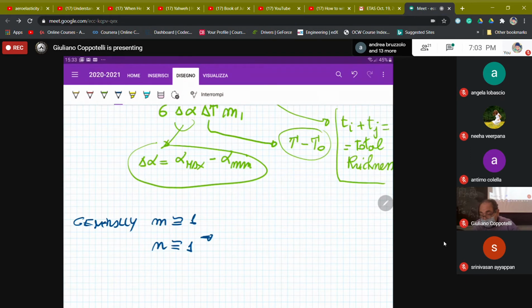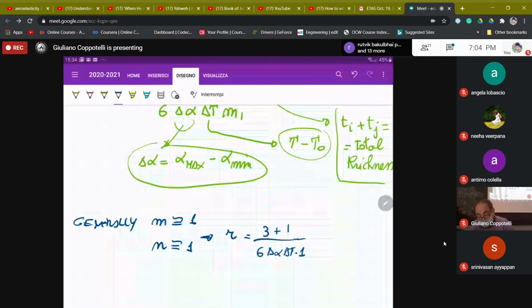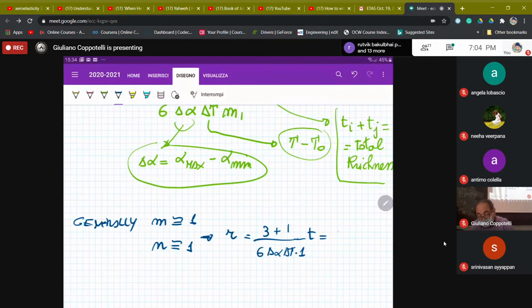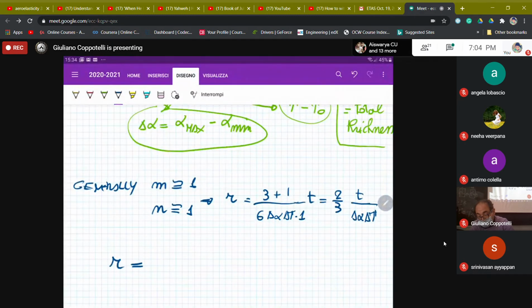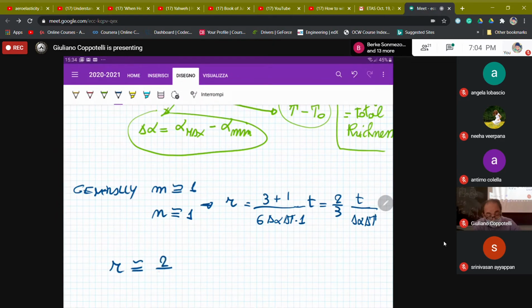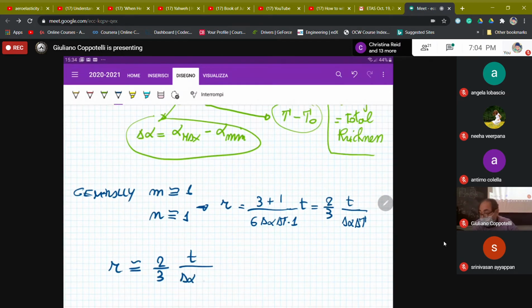That means that R, the radius of curvature, is equal to 3 plus 1 over 6 delta alpha delta T, times 1, and then times the thickness, that is 2/3 T over delta alpha delta T. So, just to have an idea of the order of magnitude, the radius of curvature is 2/3 thickness over delta alpha delta T.